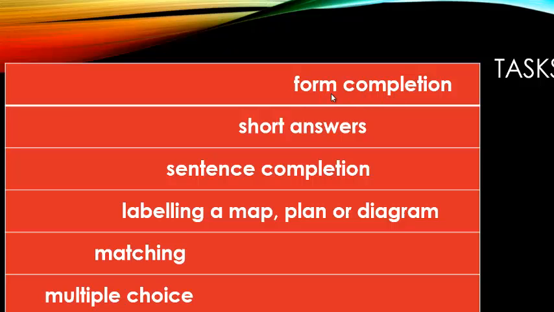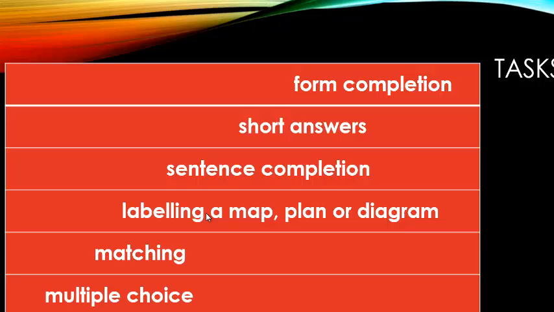You listen and you supply the missing information in a form. So it's called form completion. Or you give short answers, or sentence completion, or you will have a map or plan or diagram and you are labeling it.